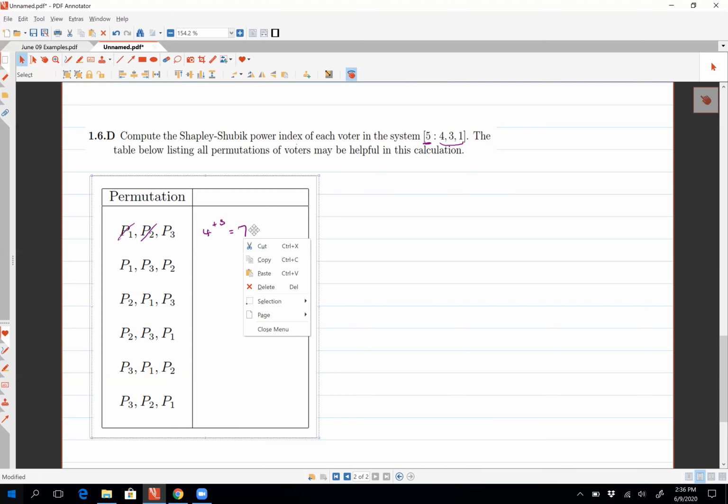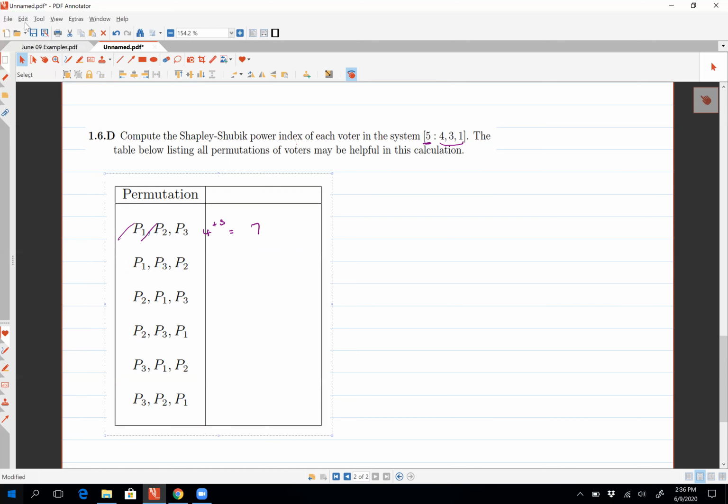That would be the critical or the pivotal vote in this instance. So in this permutation, P2 is pivotal. What about if we start with P1, we would have 4 votes. P3 would add another 1. So that would get us to 5. So in this permutation, P3 is the pivotal voter.